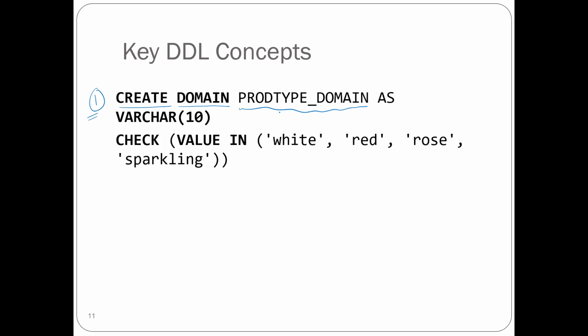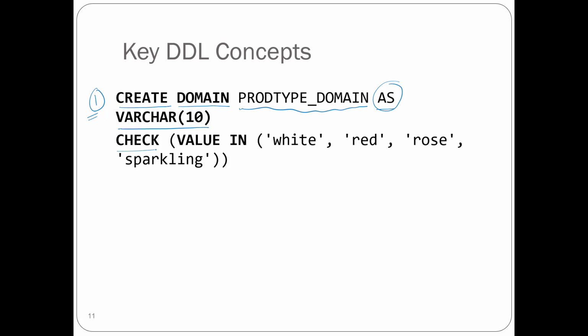And now we are using the keyword as, because we need to tell what kind of format we are supporting in this domain. So this is going to be varchar 10, that means it's going to be a string with a maximum size of 10 characters.